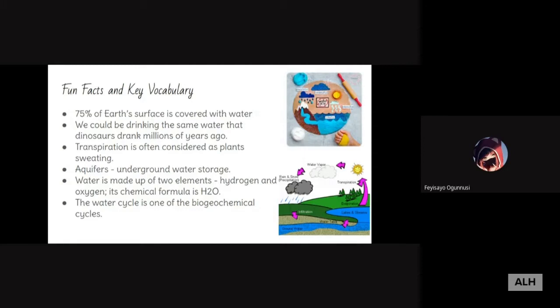Aquifers are basically underground water storage, like a reservoir underground. And some of you know this, but water is made up of two elements, hydrogen and oxygen, and it's one of the biogeochemical cycles.